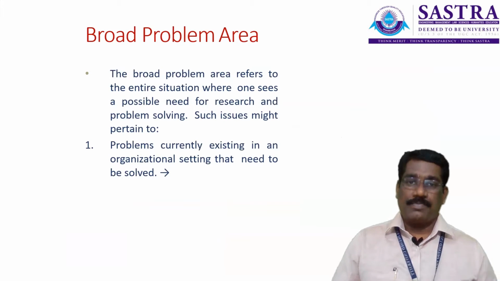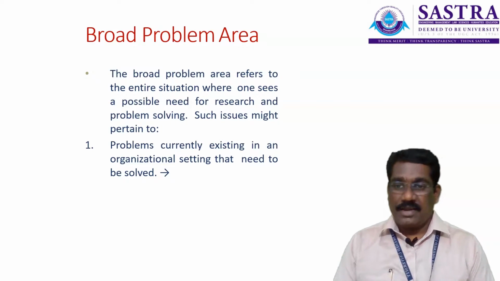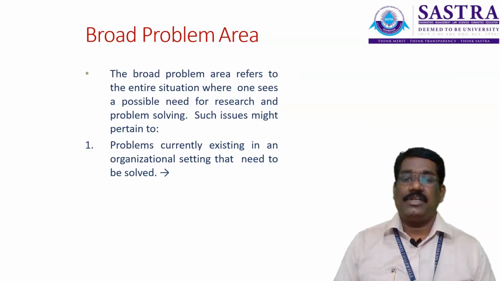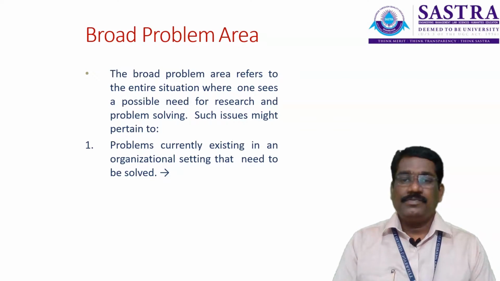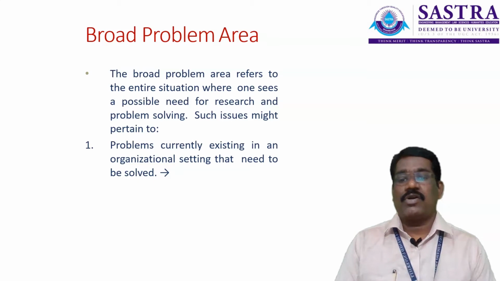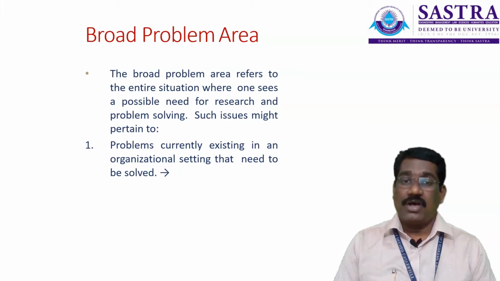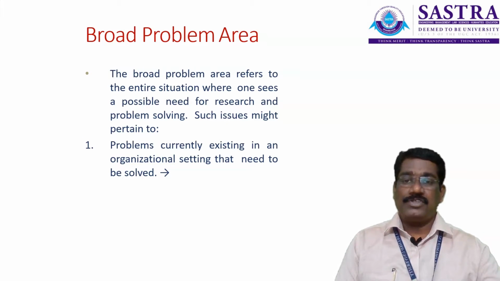So what is the broad problem area? The broad problem area refers to the entire situation where one sees the possible need for research and problem solving. Such issues might be related to problems currently facing an organization that need to be resolved. So the manager's prime job is to identify the broad problem area.